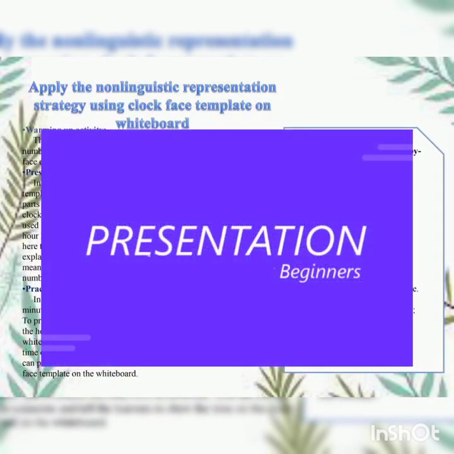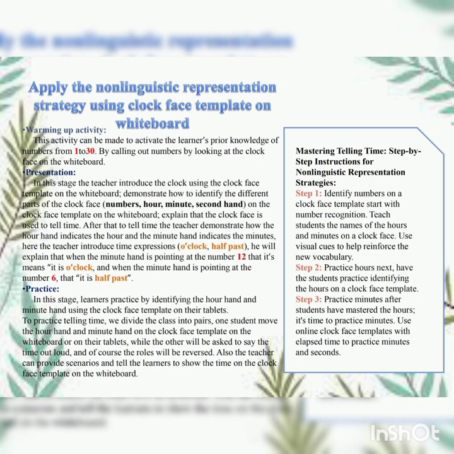In this stage, the teacher introduces the clock using the clock face template on the whiteboard. Demonstrate how to identify the different parts of the clock face: numbers, hour, minute, second hand on the clock face template on the whiteboard. And explain that the clock face is used to tell time.